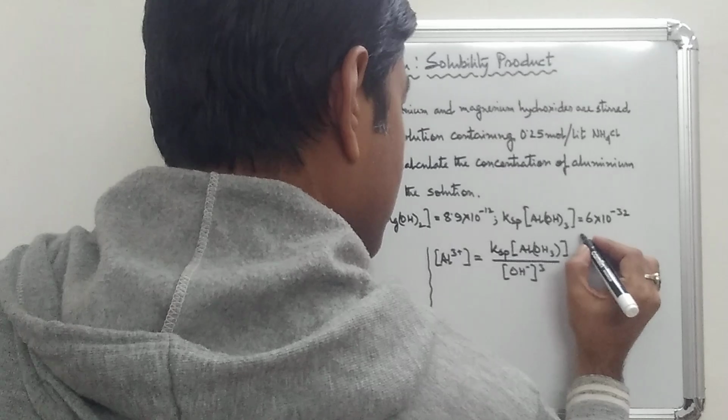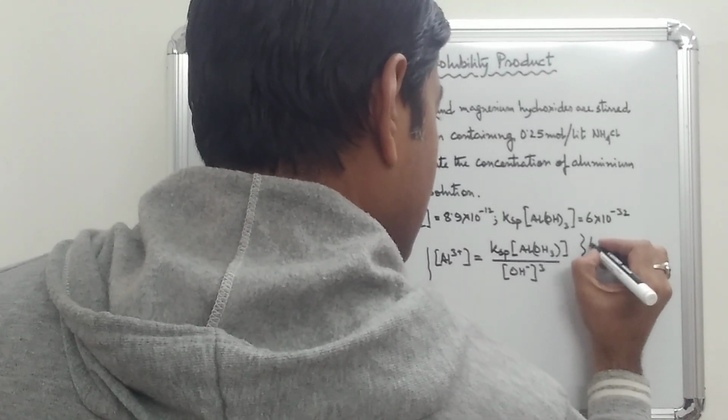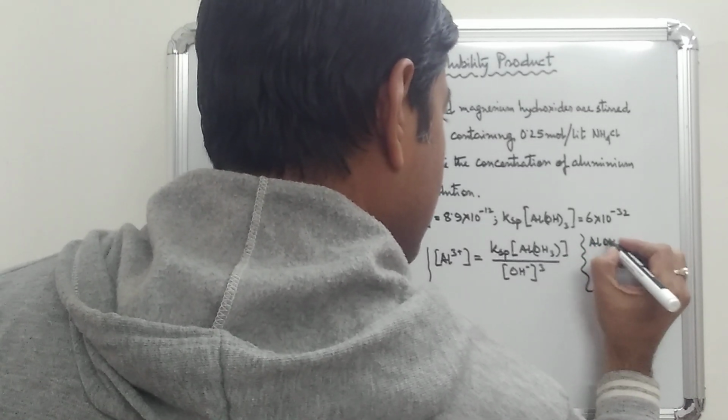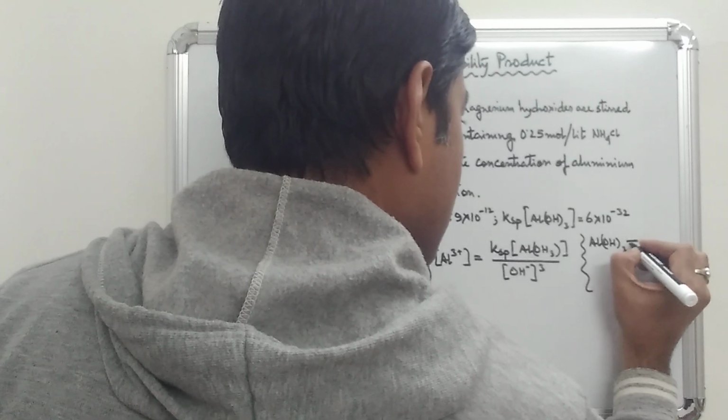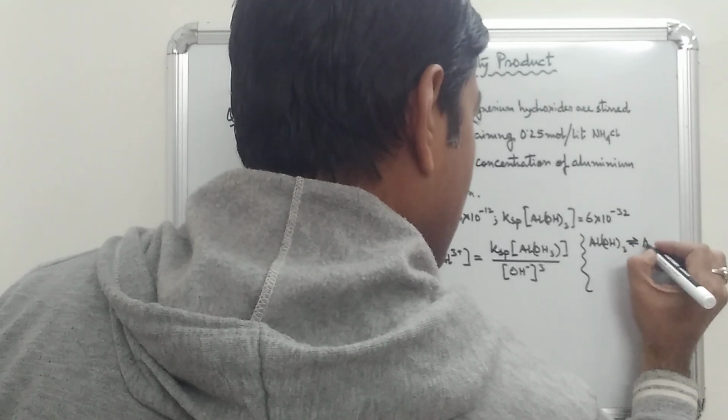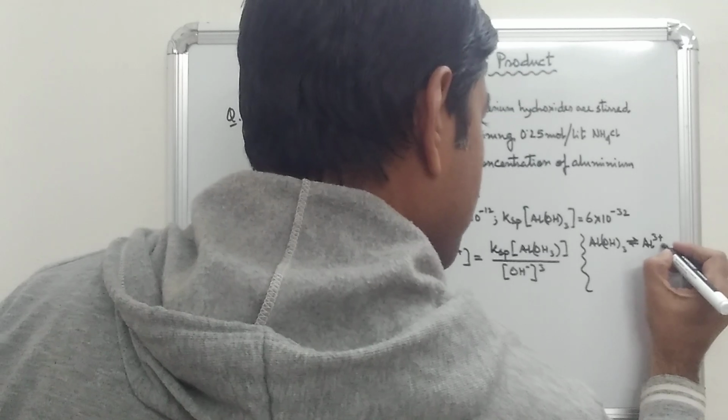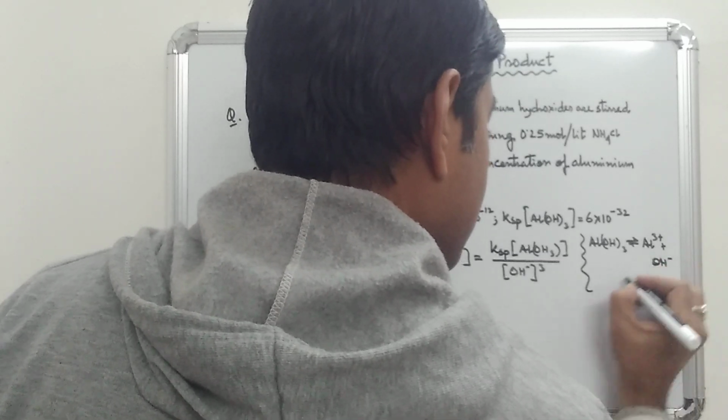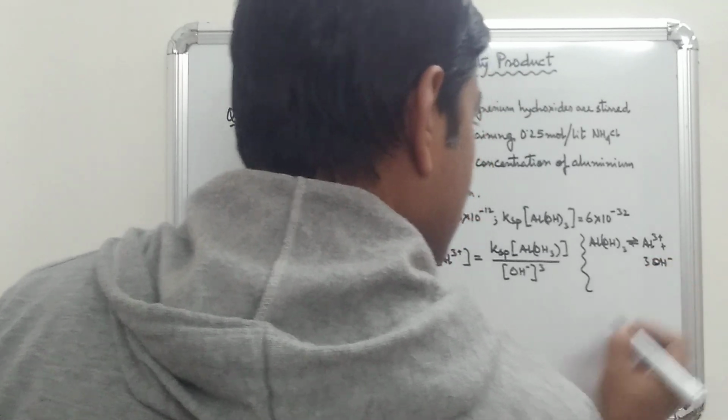As we know, this is because of the dissociation like this: Al(OH)3 is in equilibrium with Al3 plus and 3 OH minus. This will be 3.